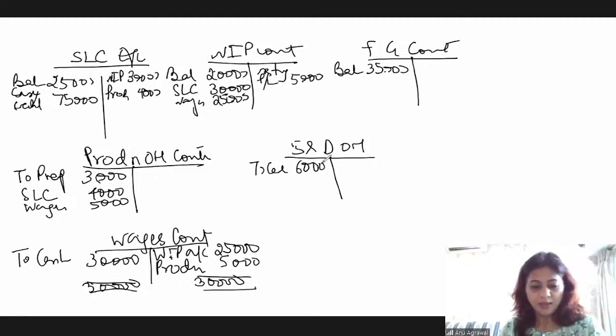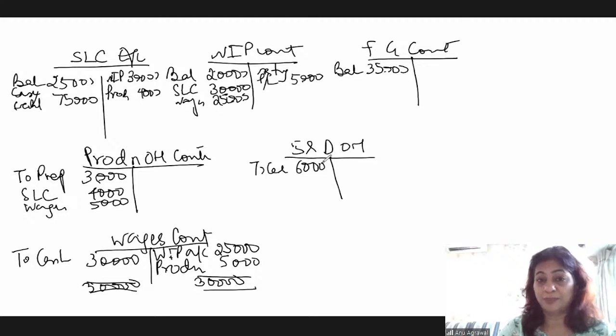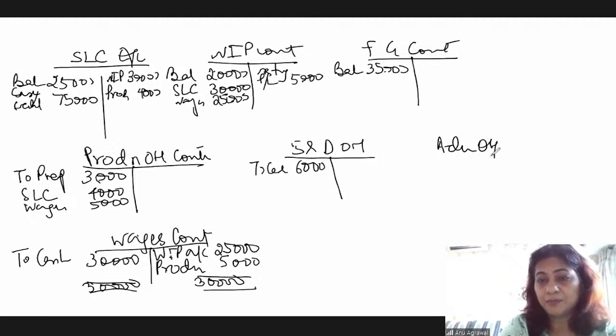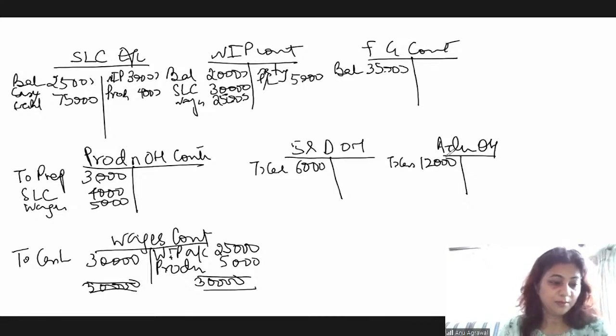Right. Then other production overheads incurred. Now, other production overheads incurred. Right. Can I put it into admin overheads or where do I put it? Can I put it into admin overhead? Okay. To cash. Okay.